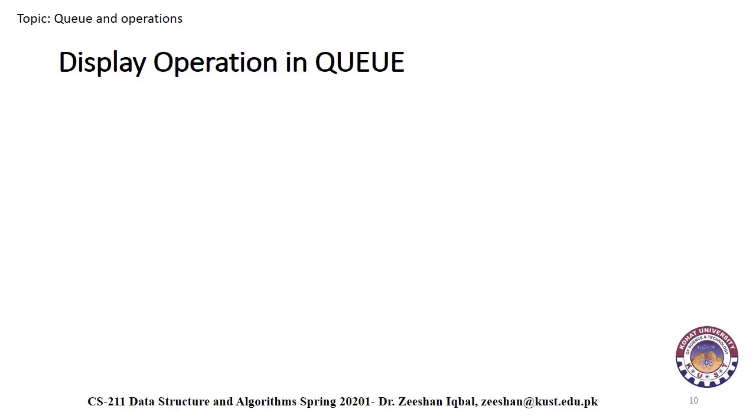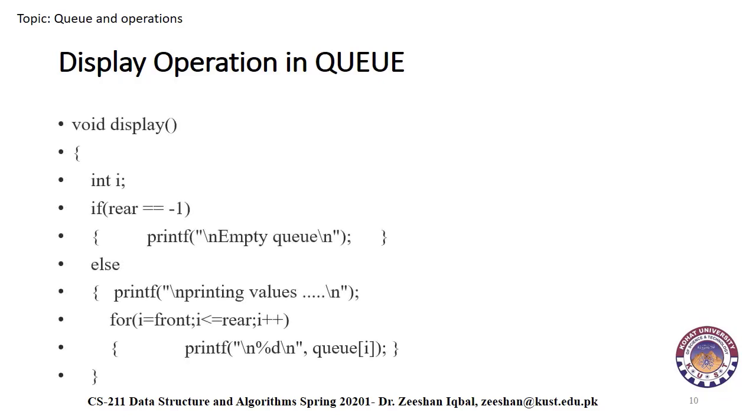Here is a C program for the display operation in queue. First of all, we have to check if the queue is empty. In that case, obviously there is nothing in the queue. We will use a for loop for the display function. We have to print the first value initially. For this purpose, we have already taken the I variable at the start of the display function, and in the for loop we will initialize it with the front index value.